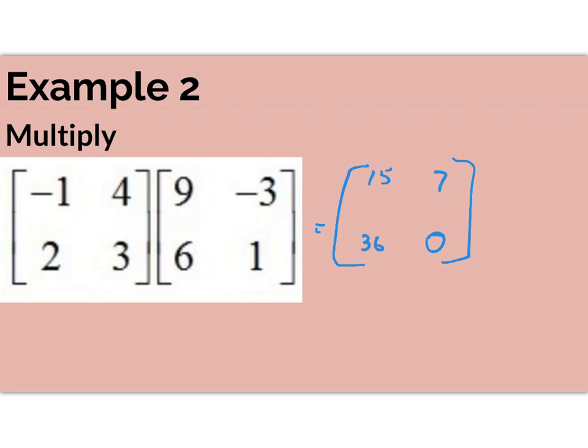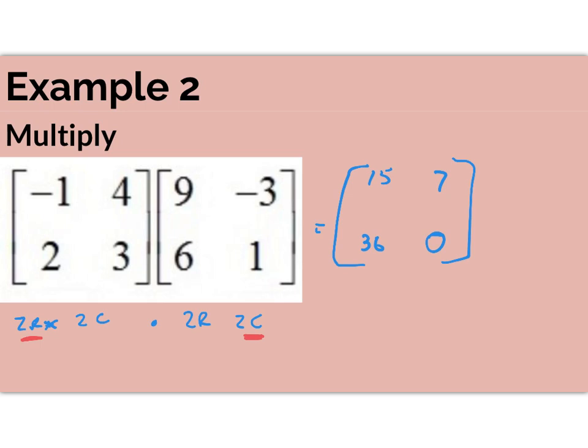However many rows you have by however many columns you have. So 2 rows by 2 columns multiplied by 2 rows and 2 columns, what you're going to wind up with is however many rows you have in the first matrix by however many columns you have in the second matrix.